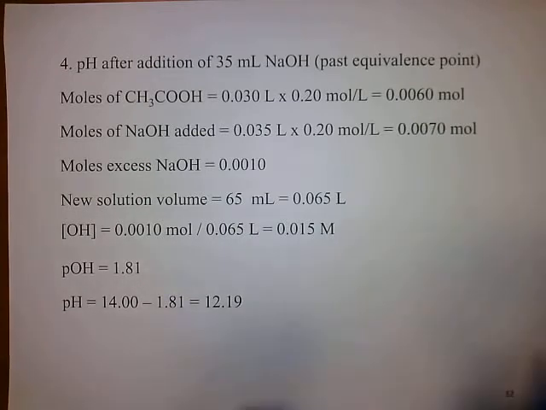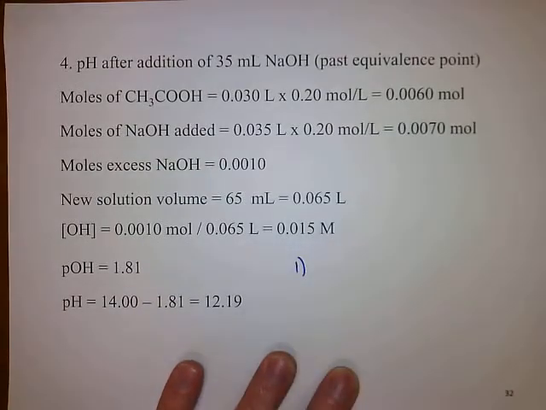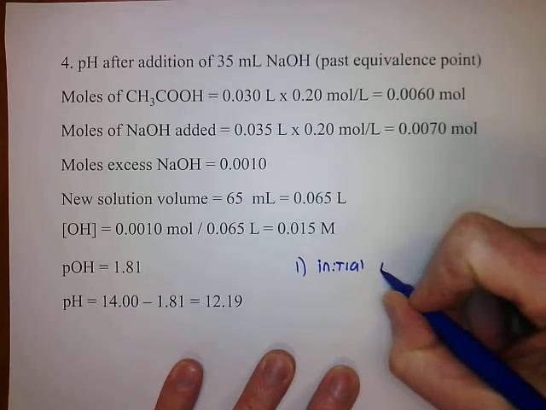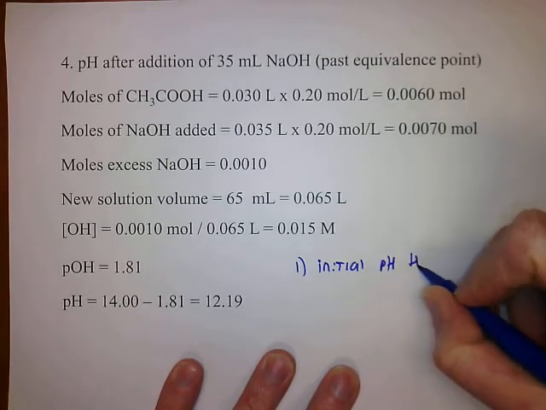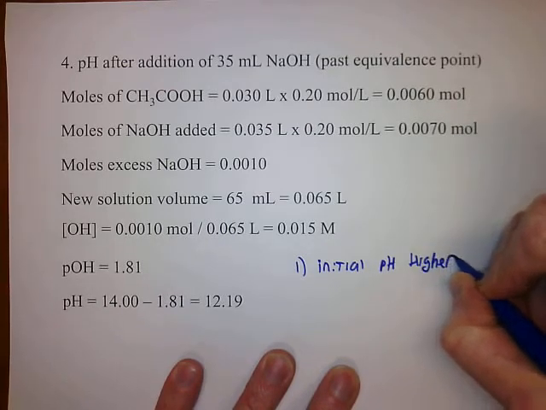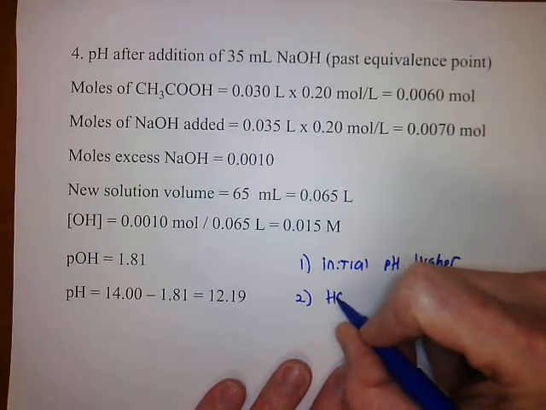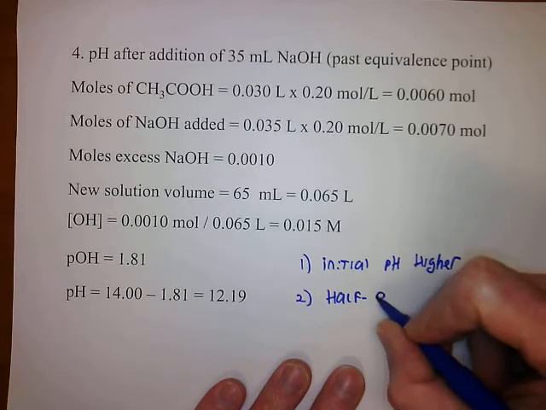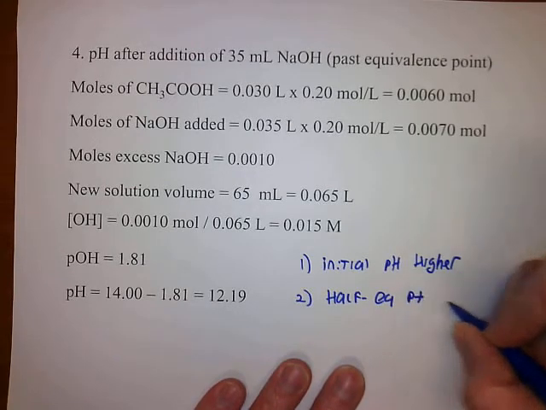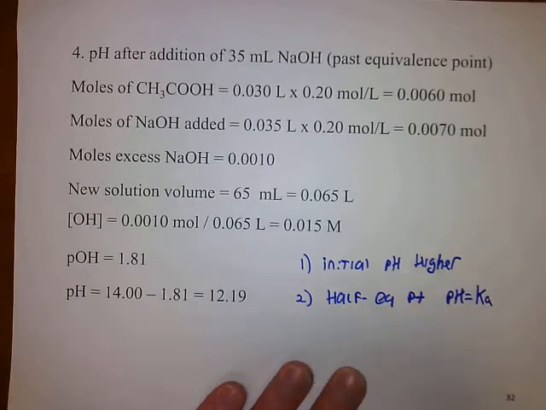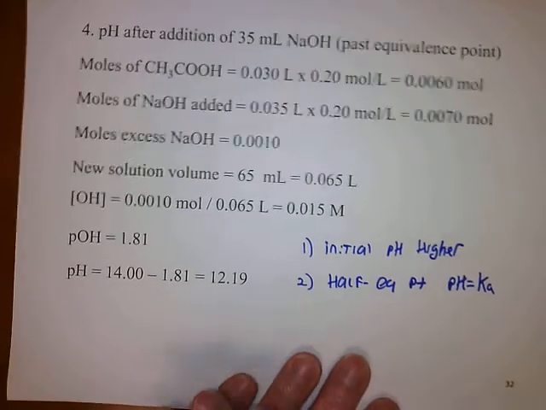Let's write these down. So what do you have? Initial pH is higher. At the half equivalence point, the pH is equal to the pKa, which is an easy calculation if you know to look for that trick.